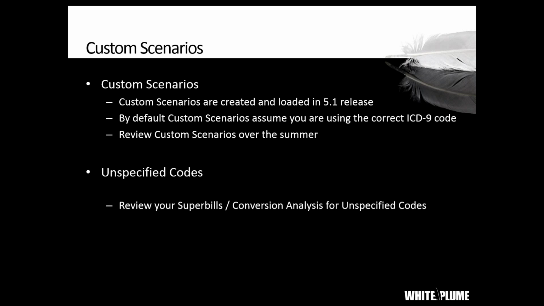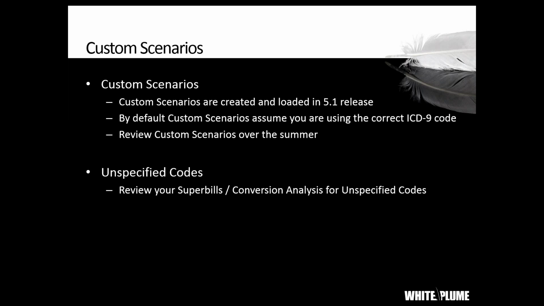That's where some of the unspecified codes may come into play. And I would encourage you to review your super bills, review your conversion analysis over the summer, looking for those unspecified codes so that you can make the decision of how you want to handle that, so that you can create the custom scenario for that, the third option that I was talking about, for those of you who decide you want to head down that road.